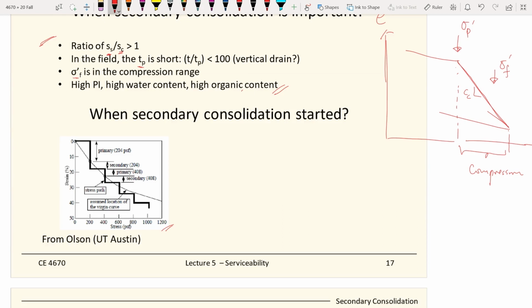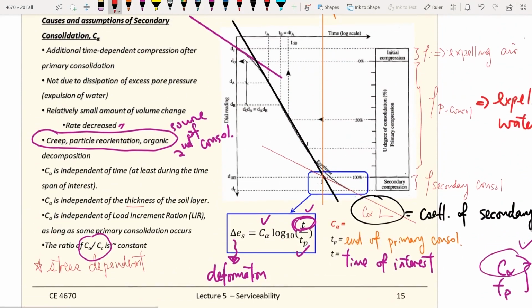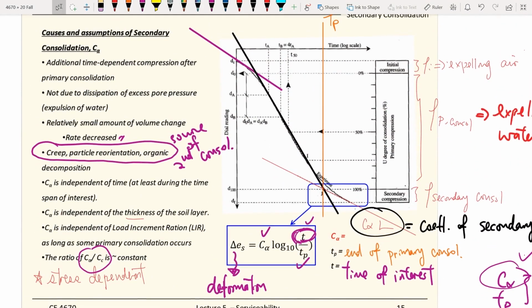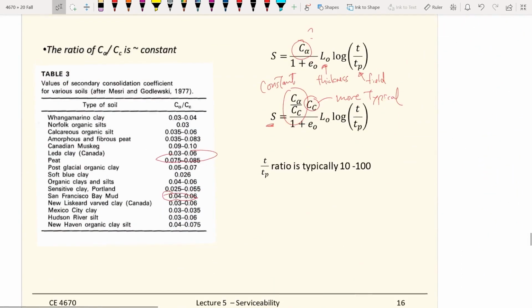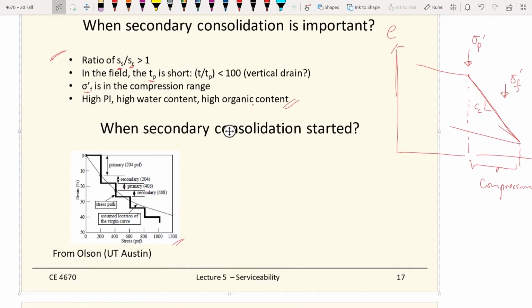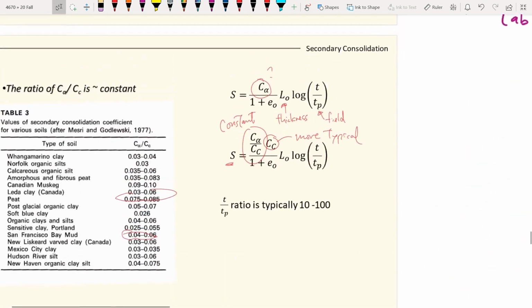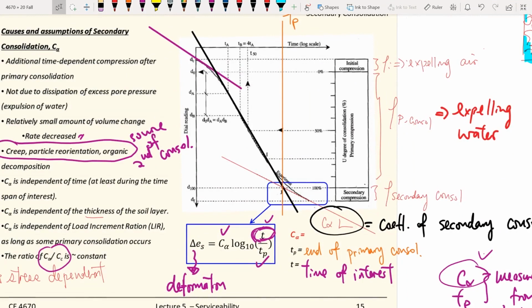In engineering practice, we are still within the ballpark, and we can do our analysis as end of primary and then start the secondary. But as engineers, you had better understand what is actually going on and what assumptions we are making. In fact, the true soil behavior is that both the primary and secondary consolidation happen together, but for our engineering interests, we separate them.